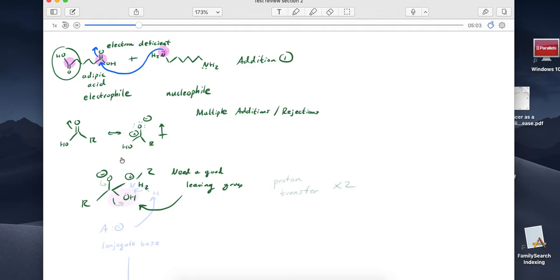Well, if we did the elimination right now, we would get hydroxide, and that's a strong base. Strong bases generally do not make good leaving groups. We want to make a weak base. So how do you add the H? That's where I'm getting to.